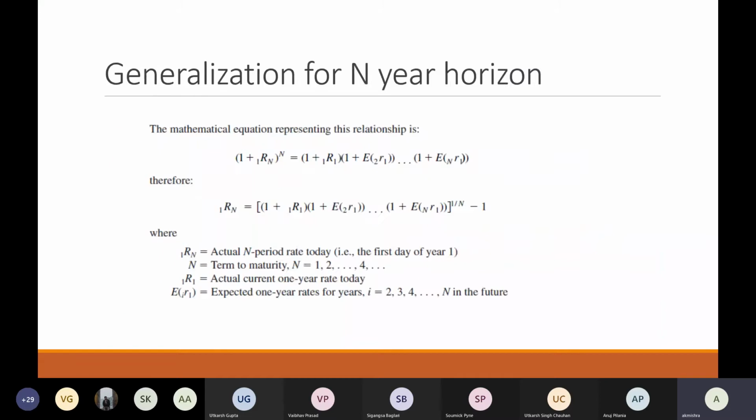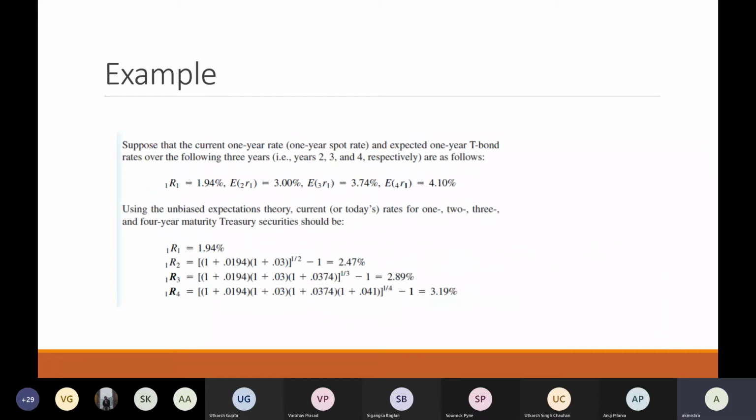So now let's take this example. Suppose the current 1-year spot rate, and the expected return on T-bonds over the next years, 2, 3 and 4, are like this.